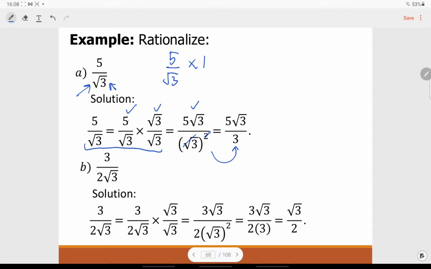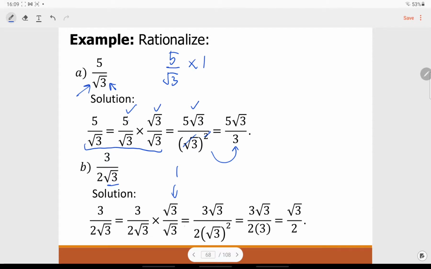Now we move to the second one: 3 over 2 surd 3. How do we rationalize? Again, we have surd 3 in the denominator, so we multiply this fraction by surd 3 over surd 3. The equation remains true because this is equal to 1. So we can proceed.